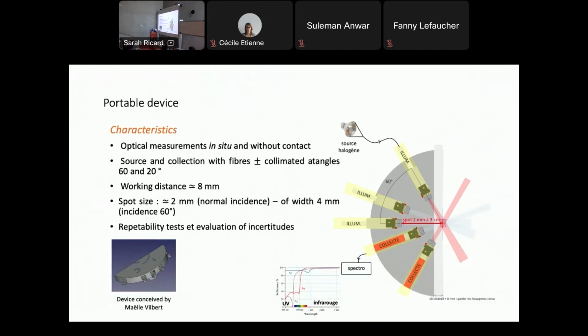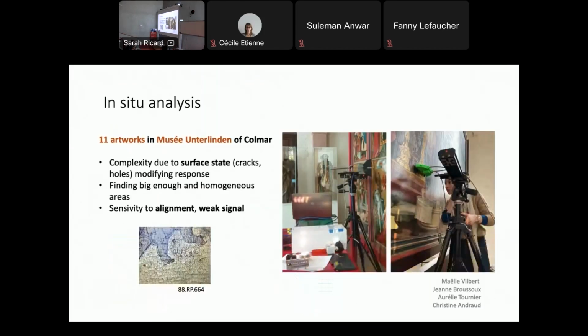So a portable device has been conceived by Manutech to understand and analyze the way that these surfaces appear in museums, and this device has been used, for instance, in Colmar.